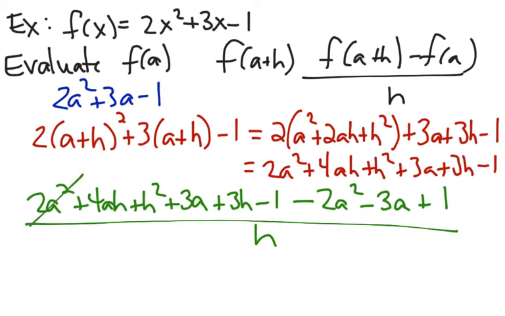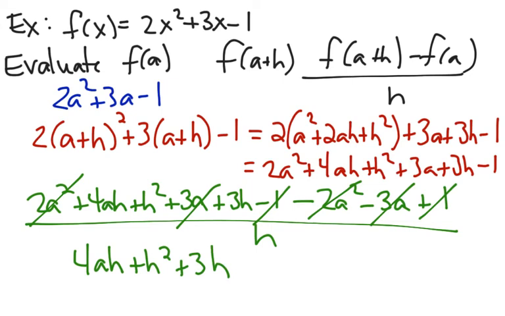Now what you're going to notice is you've got some like terms that go away. So you end up left with 4ah plus 2h squared plus 3h all over h. That's 4a plus 2h plus 3.